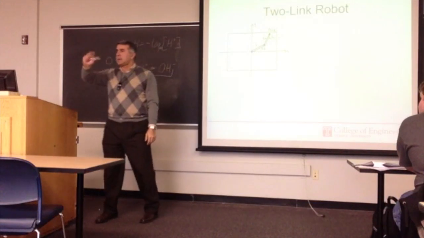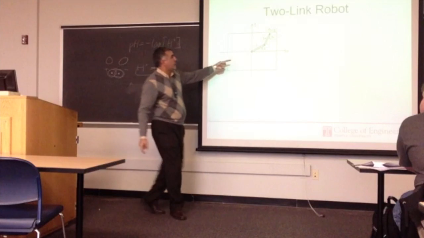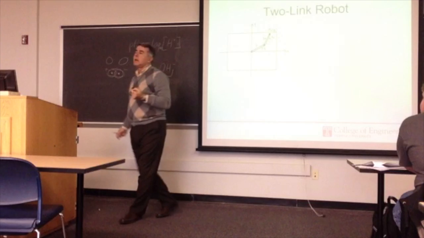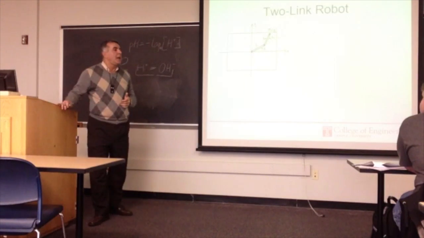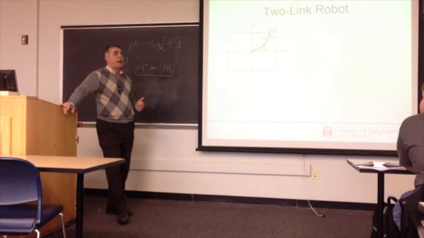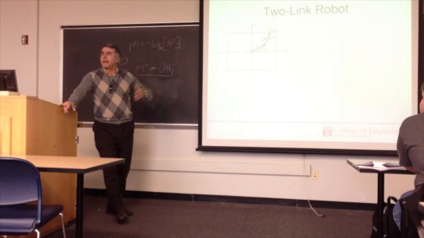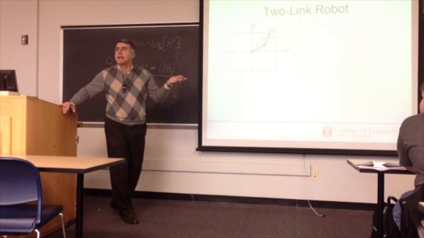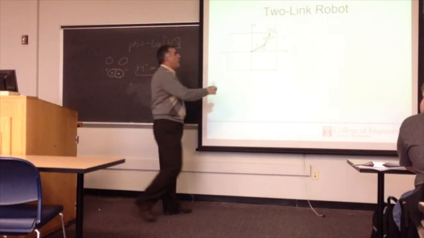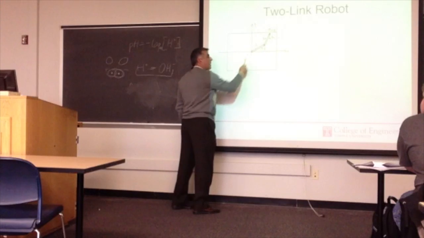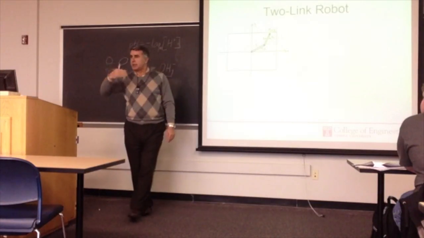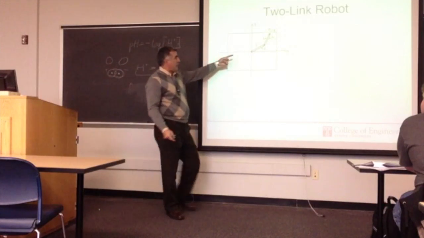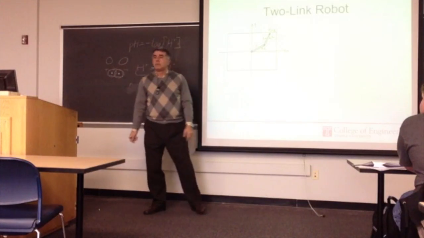So the angular displacement is relative to this. If you instruct motor 1 to move by, say, pi over 4 radian, then you instruct the second one to move by pi over 3 radian. But that motor is going to be relative to where it is, which is at the head of that arm.